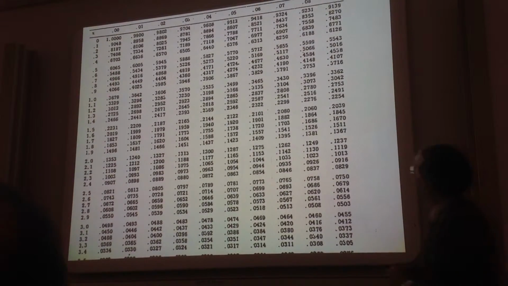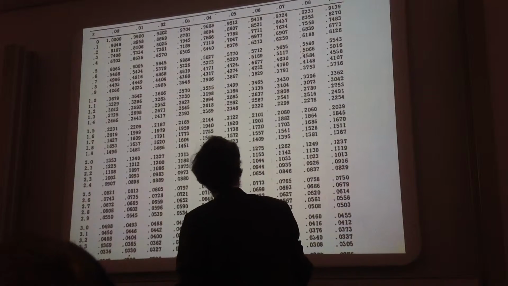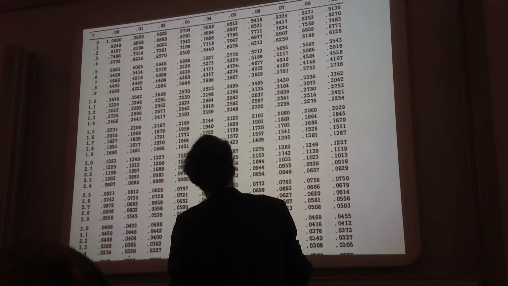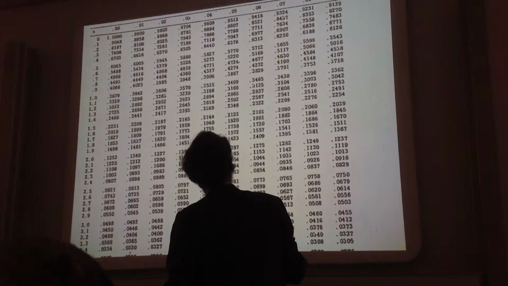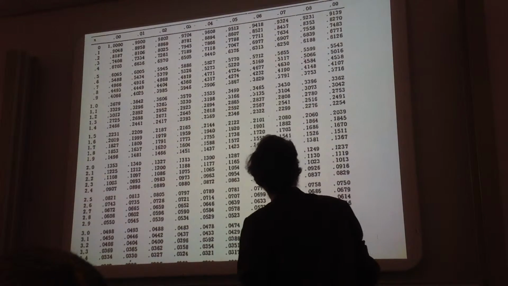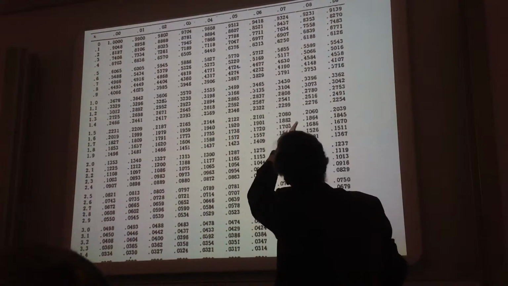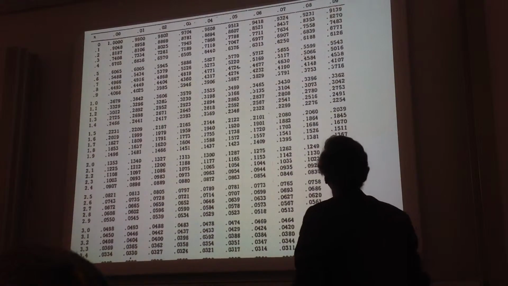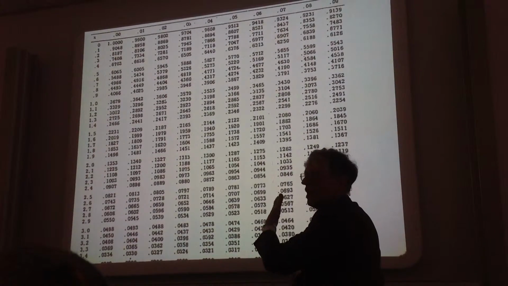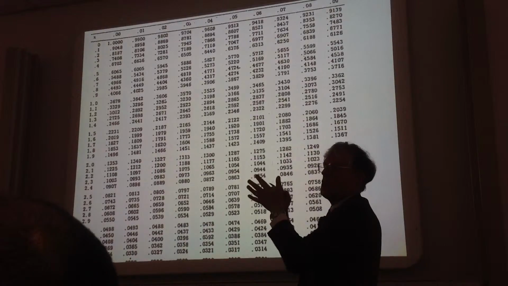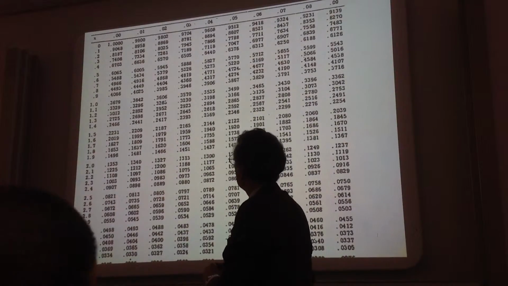Am I reading that right? Sorry, it's between 0.77 and 0.78, 0.46, yes. So it's between 0.77 and 0.78 would be a value of 0.461 when you looked it up on the tables.